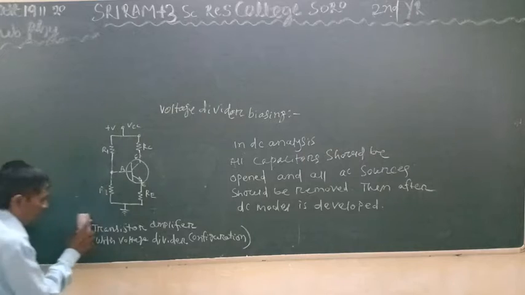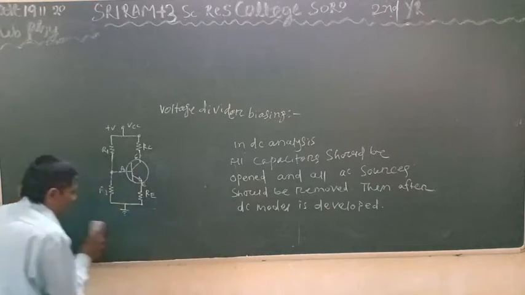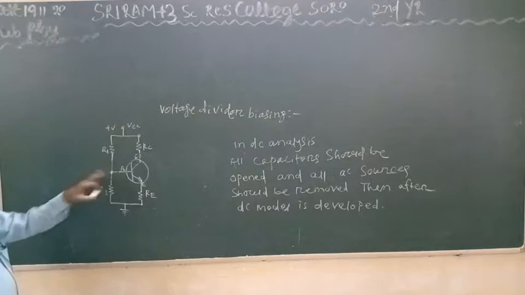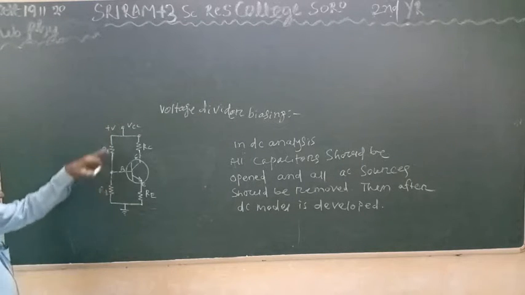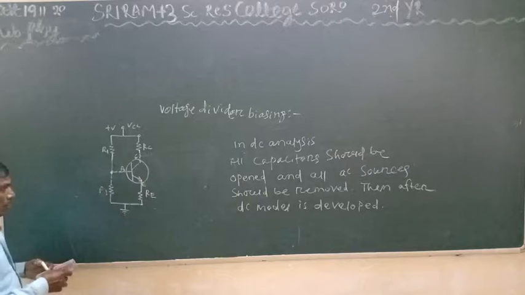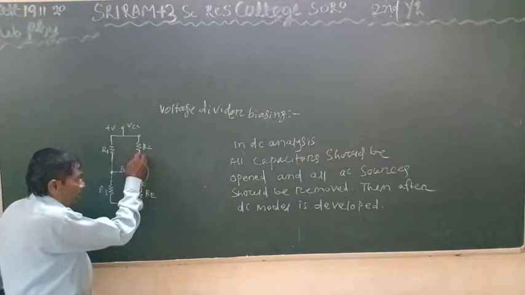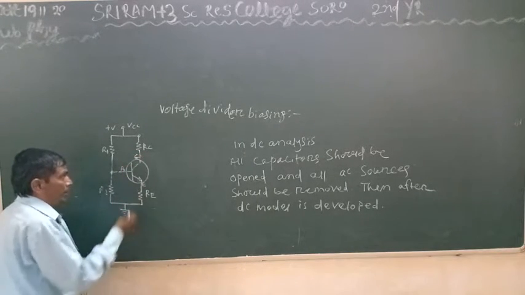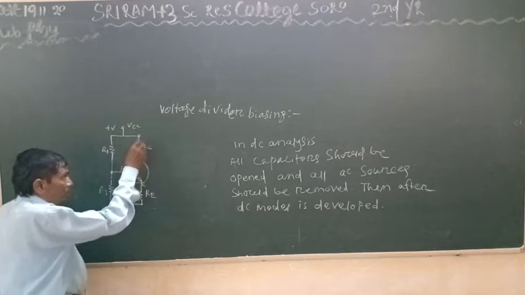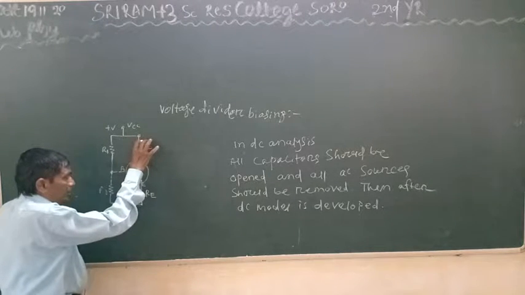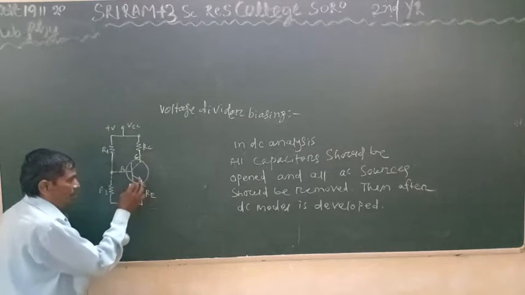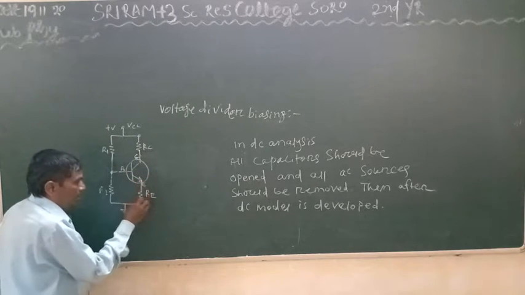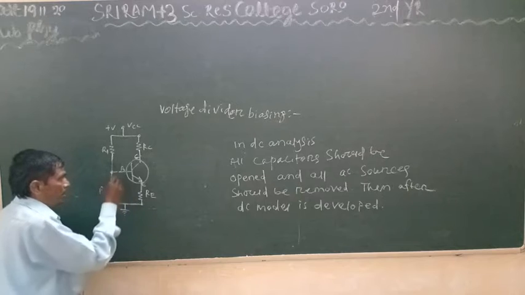Now in this circuit there is no AC signal input supply, only biasing of the transistor. The collector is biased by the RC resistor and the emitter junction is biased by the emitter resistor.